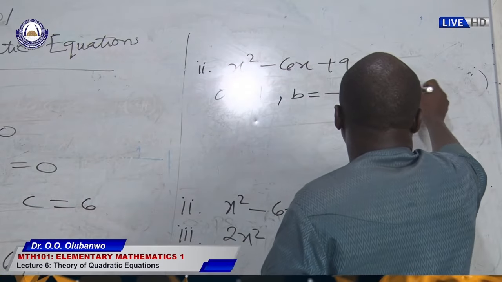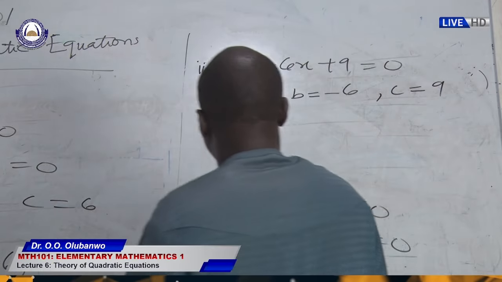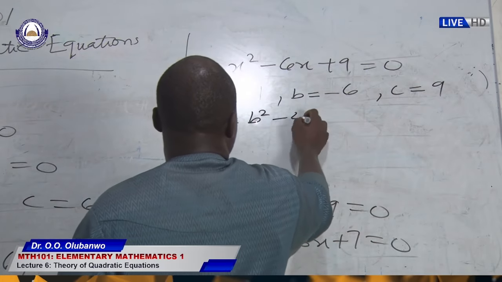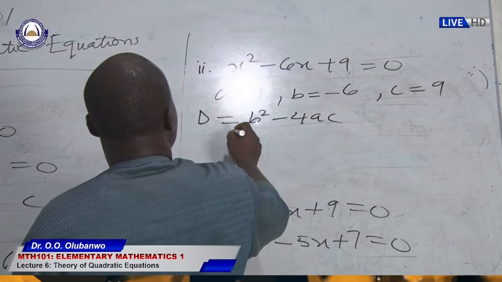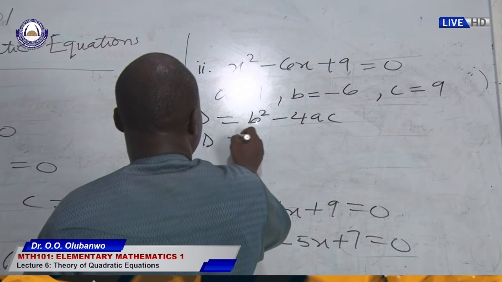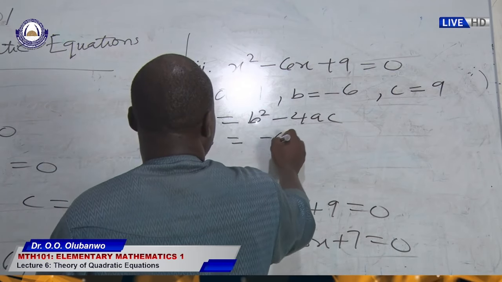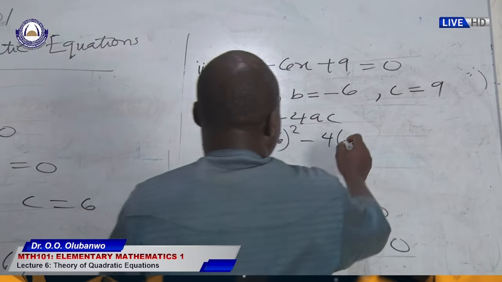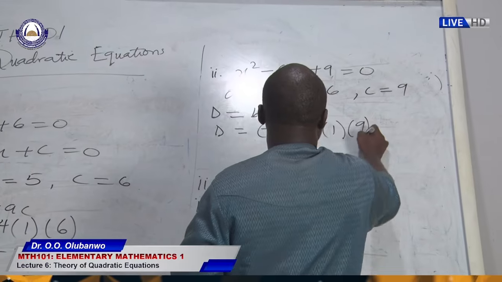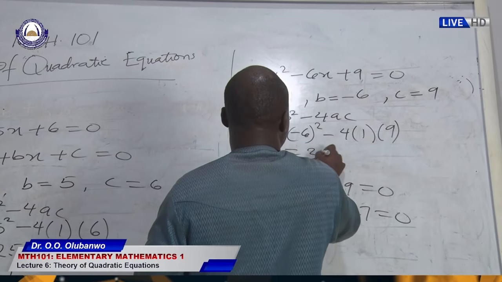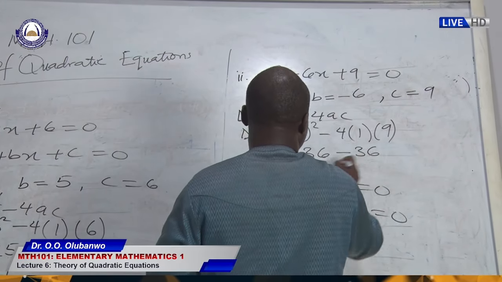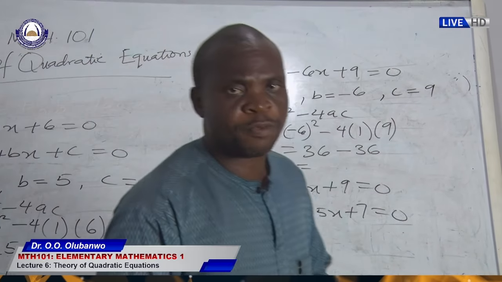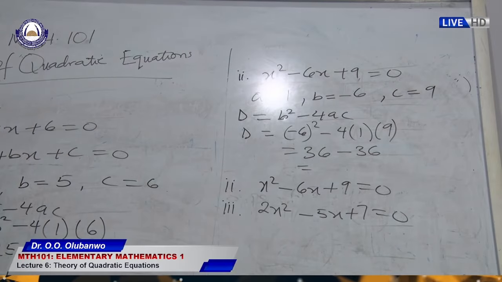Our C, which is the constant term, is 9. So our discriminant D is b squared minus 4ac, which is D equals minus 6 all squared minus 4 times 1 times 9. So this is 36 minus 36. Class, our discriminant will now be 0 because 36 minus 36 will give us 0.